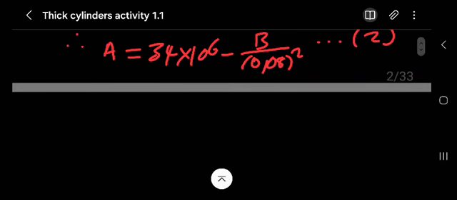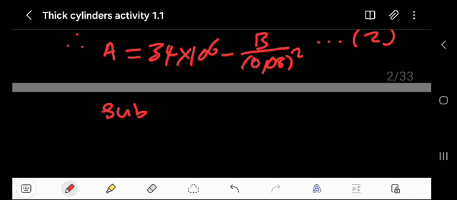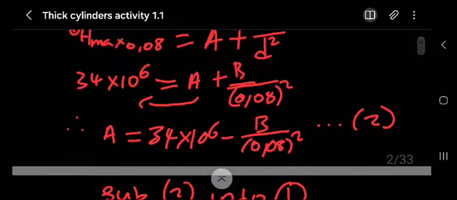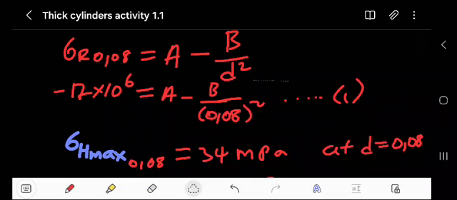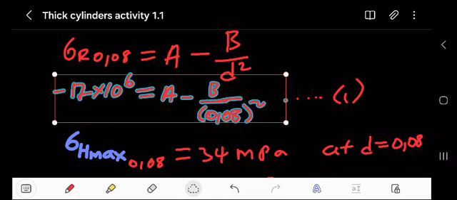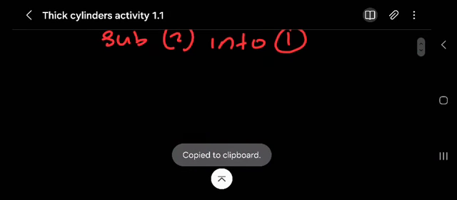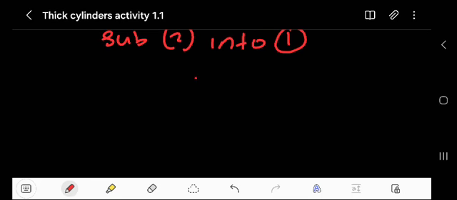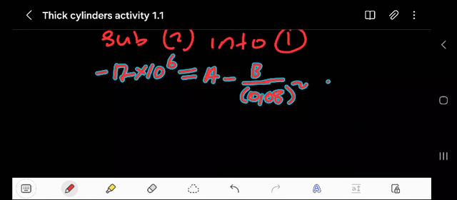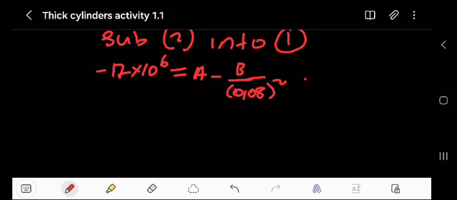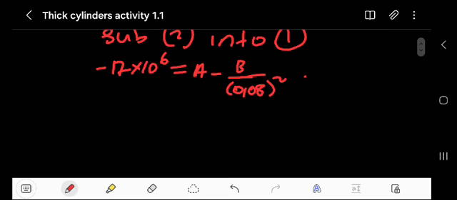Then you can substitute equation 2 into equation 1. What is equation 1? This is our equation 1. Let me copy it and paste it here. You can substitute the given negative 17 times 10 to the power of 6.